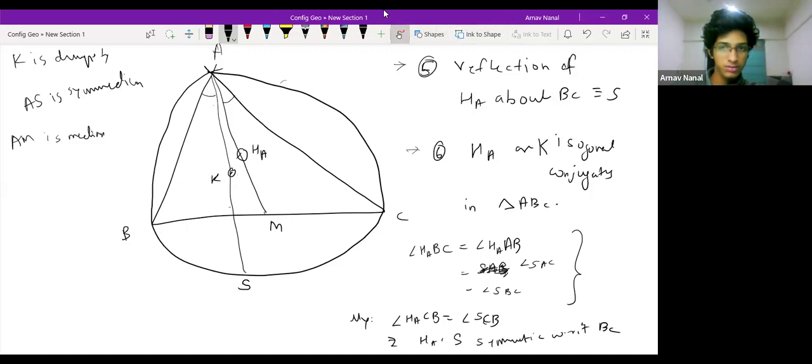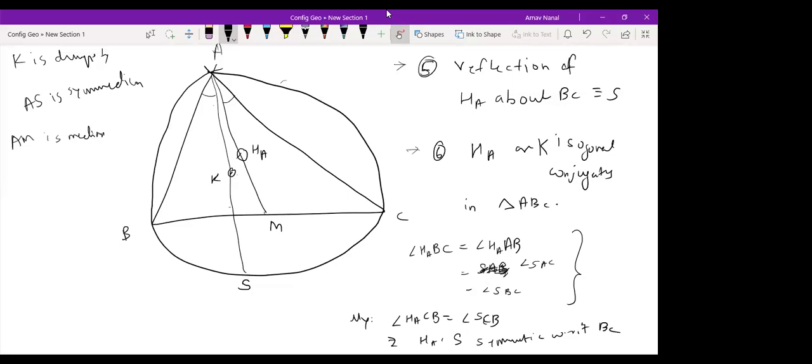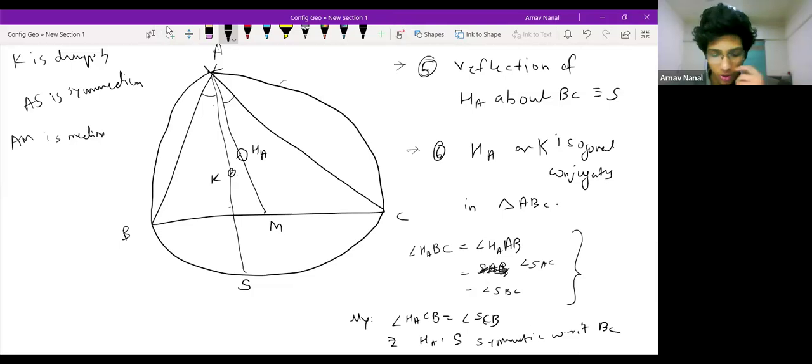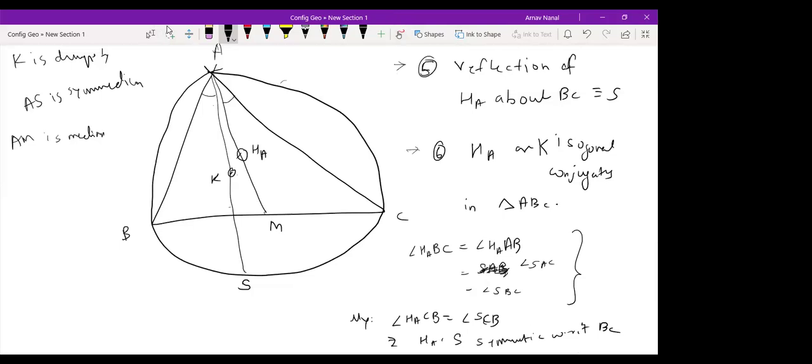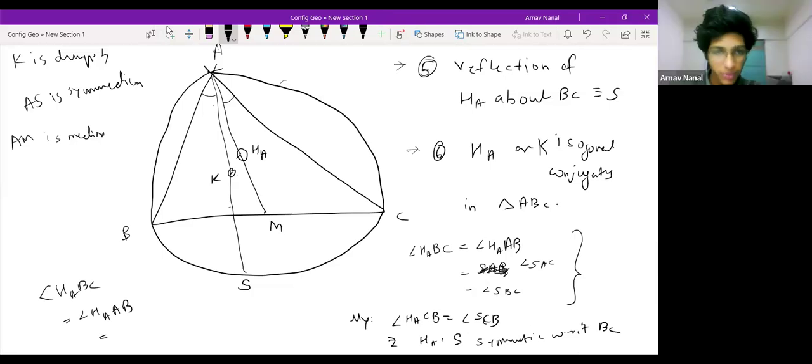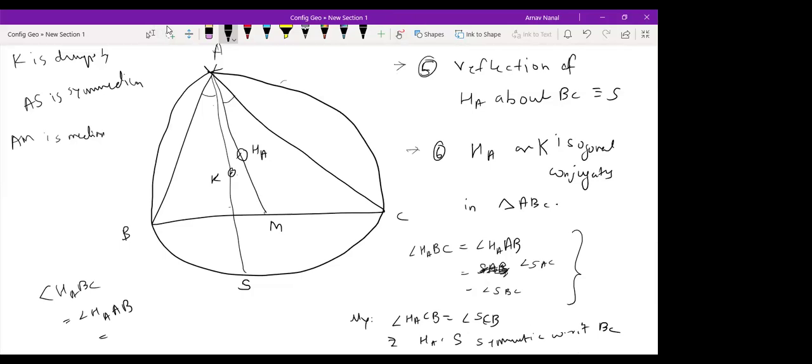I think I got that HA and K are isogonal conjugates. Yeah, go on. First, HABC equals HAAB, and KBA.